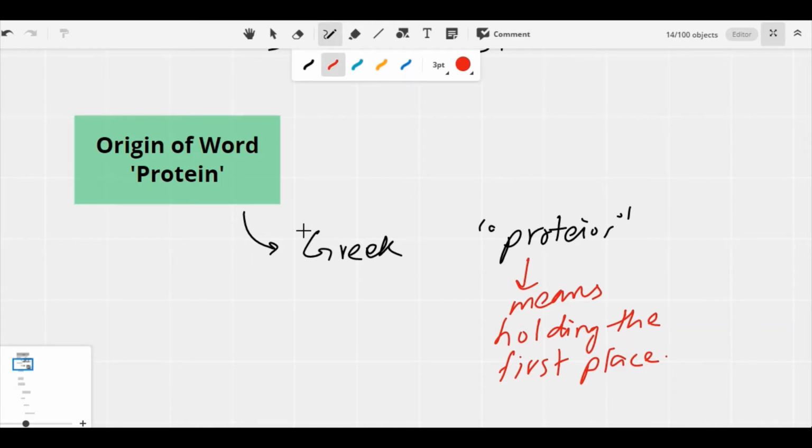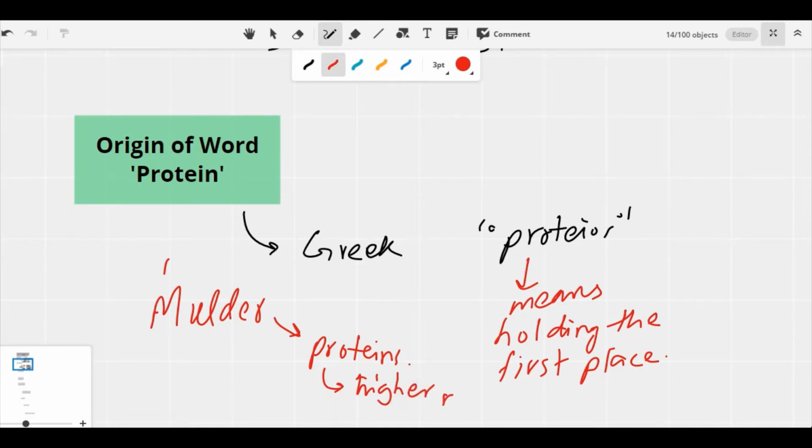Another scientist, Mulder, a Dutch chemist, used the term protein in 1838 because of the higher molecular weight.